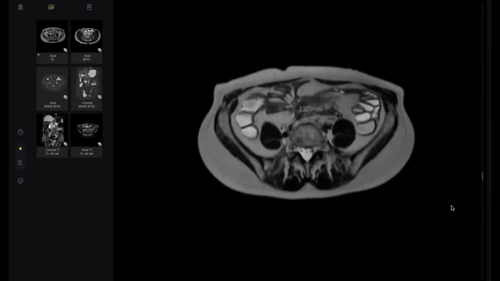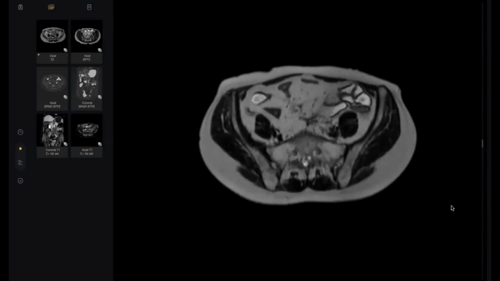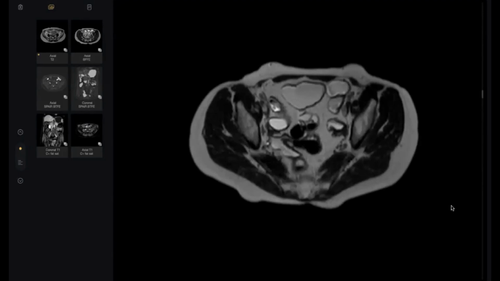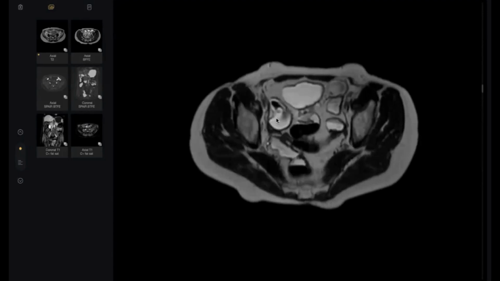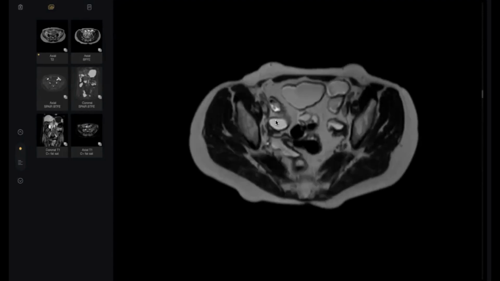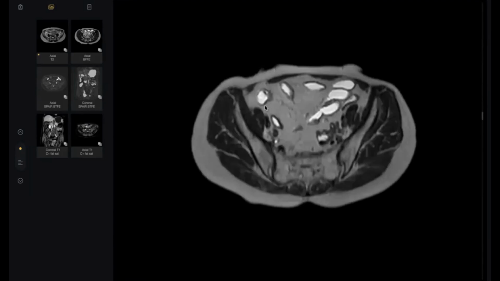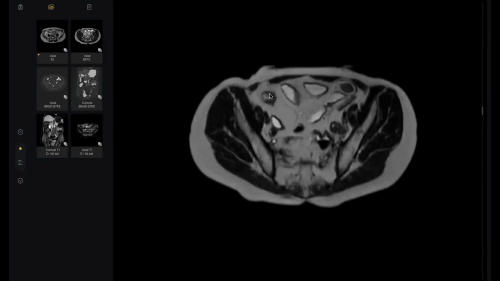At the ileocecal junction, I'm concerned for some thickening in the area here. Sir, can you see my arrow? Yes. What else?